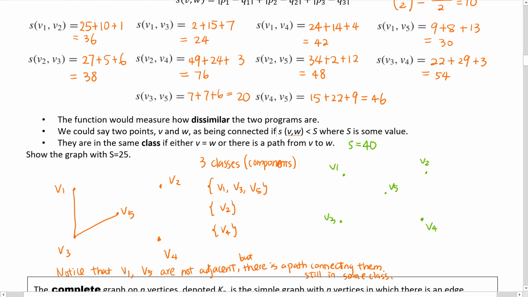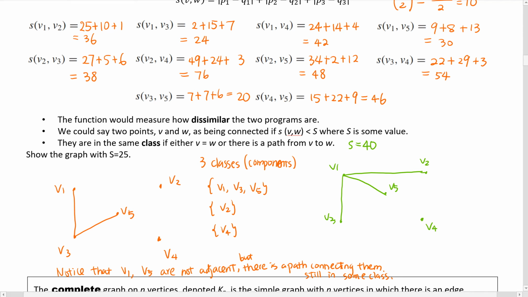Okay, so V1, V2, 36 is less than 40, so we have an edge connecting V1 and V2. And then 24 is small, so V1, V3. V1, V4 is 42, greater than 40, so we don't have an edge. V1, V5, 30, so there's an edge between them.